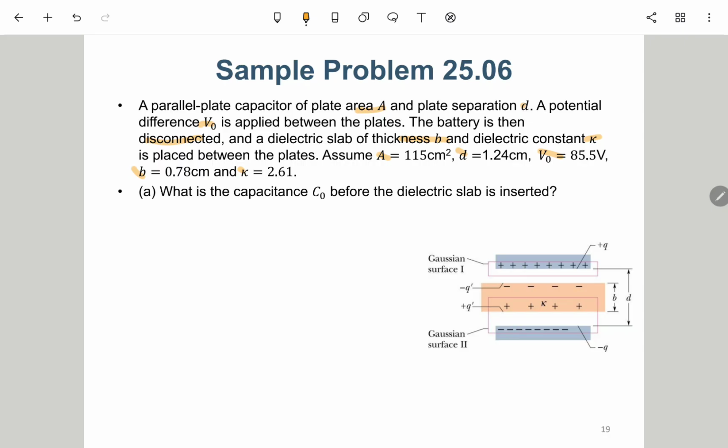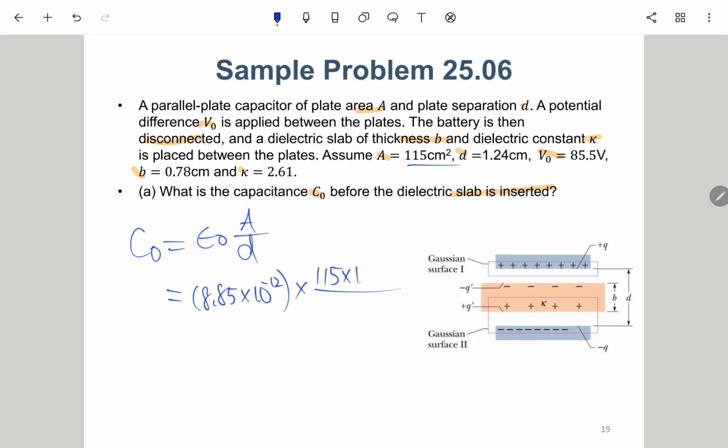So what is the capacitance C0 before the slab is inserted? This is pretty straightforward. You just make use of C0 equals epsilon naught A over D. You have A, you have D, you have epsilon naught. So this is 8.85 times 10 to negative 12, times A. But this is in centimeter square, so it should be 115 times 10 to negative 4 to make it meter square.